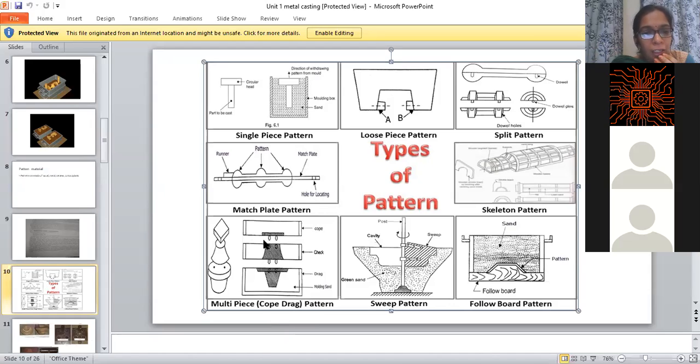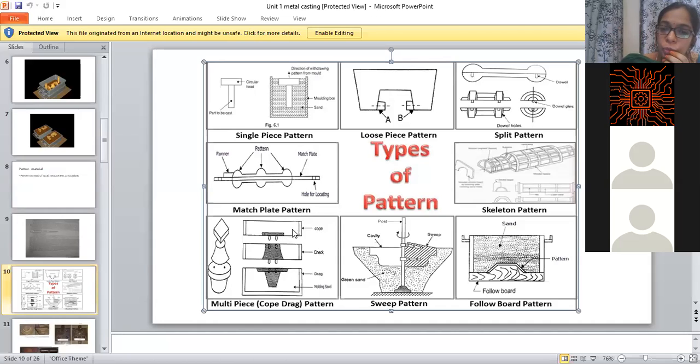Okay, then here you can see cope and drag pattern. Cope and drag pattern means you will have two different pieces. Here you can see there is a cheek. Everyone seeing the cheek? The third part. The cheek part is there if you have three flasks. Sometimes in manufacturing units they will use three parts.